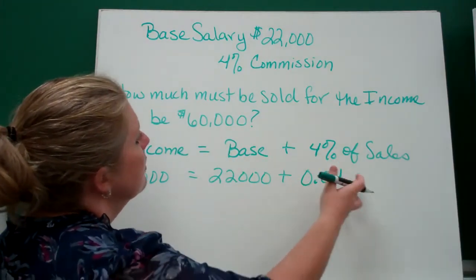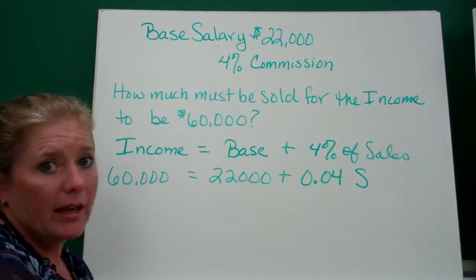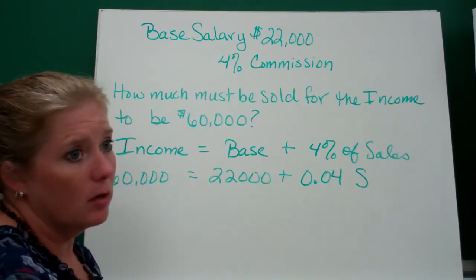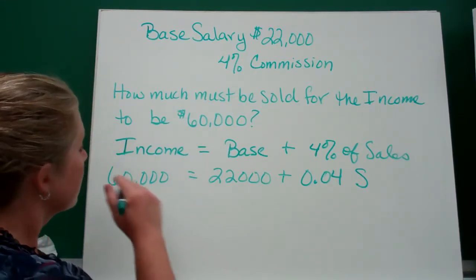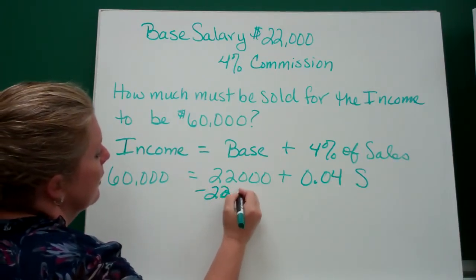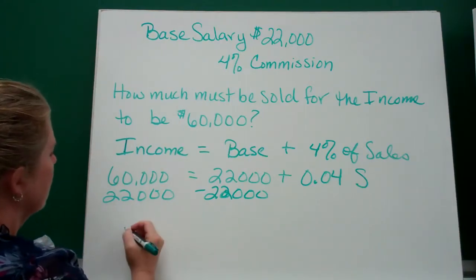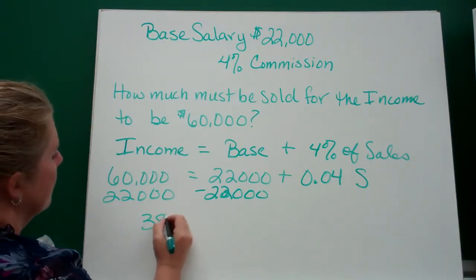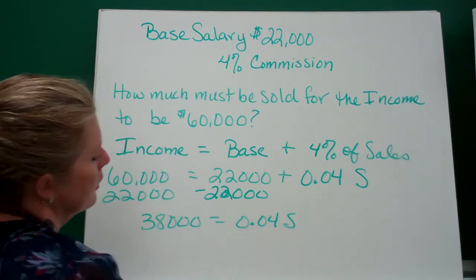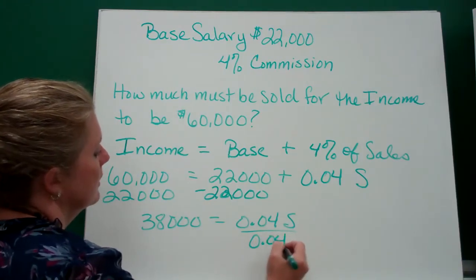And then the sales, we don't know what that is, so we're going to call it S. You want to call it X, you can call it X. You want to call it Z, I don't care. Call it whatever you want. Now solve. Subtract the 22,000. That's going to be 38,000 equals 0.04 times S, divided by 0.04.